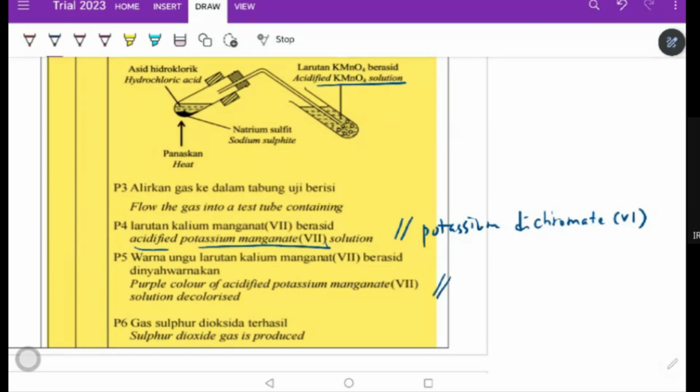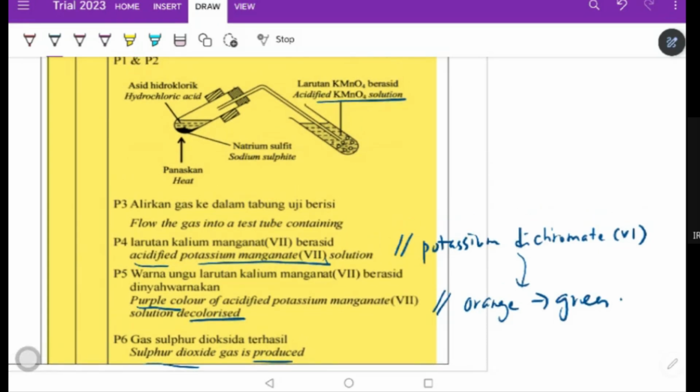Then the orange solution turns to green. If we use potassium manganate(VII), the purple color will decolorize, purple to colorless. If this one, it will be orange to green. So sulfur dioxide gas is produced. Initially it's orange; if acidified potassium manganate(VII), it's purple, then turns colorless. Altogether, this one is 2 marks.